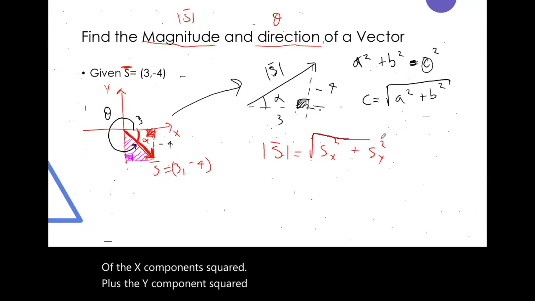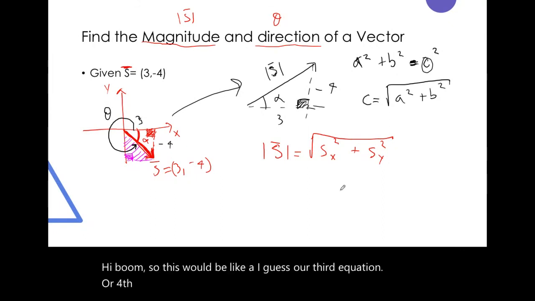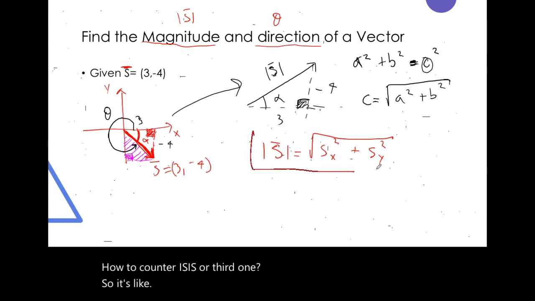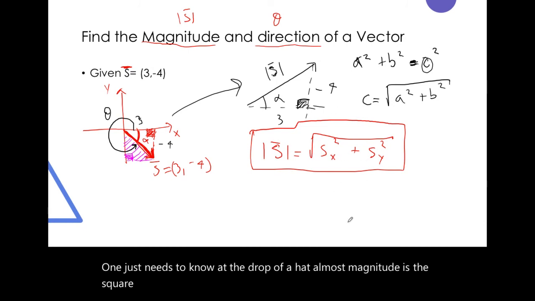Boom. This would be our third equation, or fourth one, depending on how you're counting. Let's just say it's our third one. One just needs to know at the drop of a hat: magnitude is the square root of the components squared.